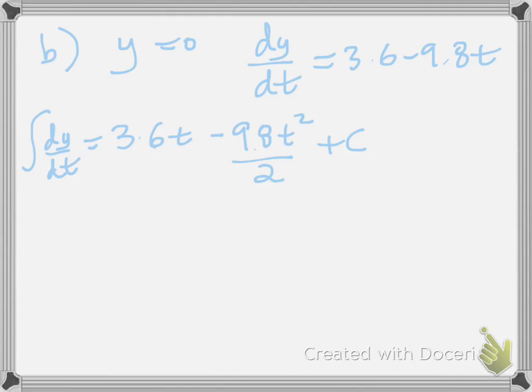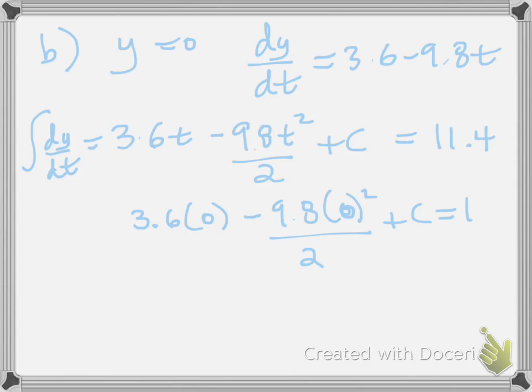So I'm going to set this equation equal to 11.4, and plug in 0 every time I see a t. So I get 3.6 times 0 minus 9.8 times 0 squared over 2 plus c is equal to 11.4. So I get my c is equal to 11.4.